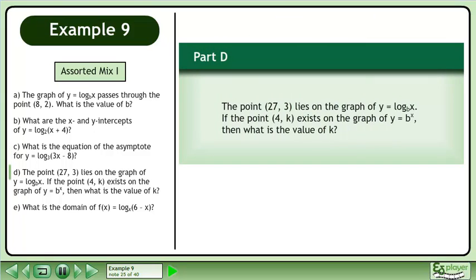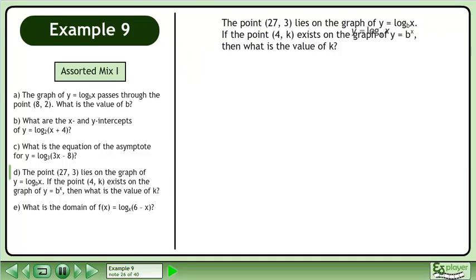In part D, the point 27, 3 lies on the graph of y equals the base b logarithm of x. If the point 4k exists on the graph of y equals b to the power of x, then what is the value of k? Begin with y equals the base b logarithm of x.